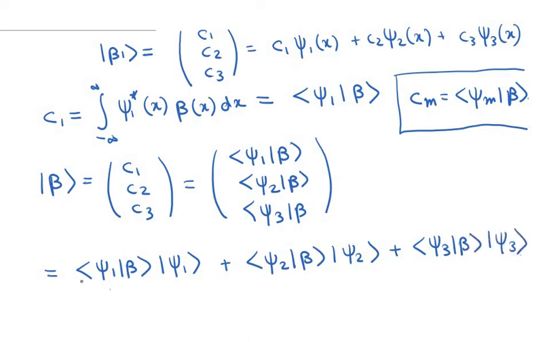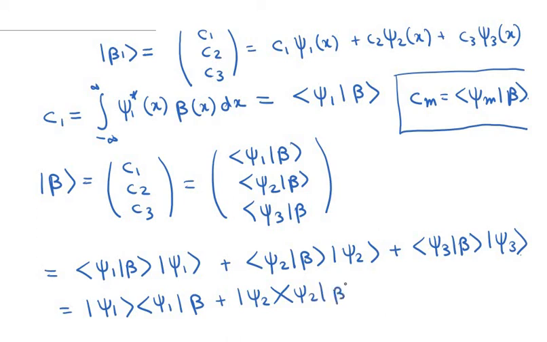Now since this is a number, I can move it around. So this is equal to the ket psi 1 times the bracket psi 1 beta, plus the ket psi 2 times psi 2 beta, plus the ket psi 3 times psi 3 beta.